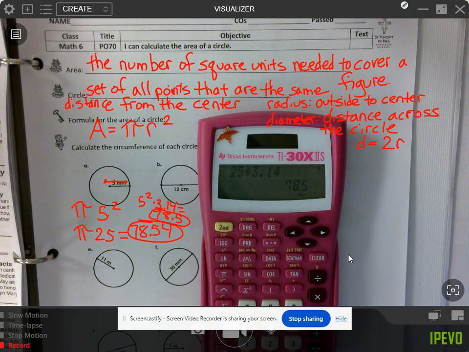Ava, how do you, for one of them, only get 78.5, not 78? Because when it's 3.14, we don't have all of those decimals. If I wrote it out longhand, I would do 25 times 3.14. 5 times 4 is 20. And that would be 15, and then I would have 0, 8, 2, 6.